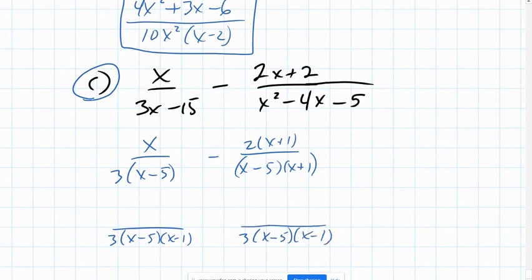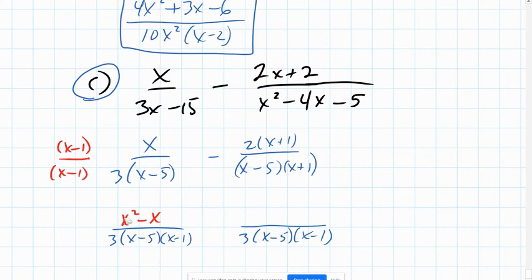Okay, and so what we're going to multiply by on the top and the bottom for this problem is we need an x minus 1 on the top and the bottom to make that common denominator. So that's going to give us x squared minus x.